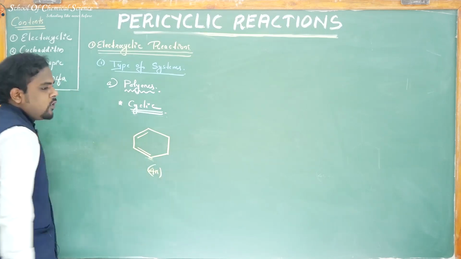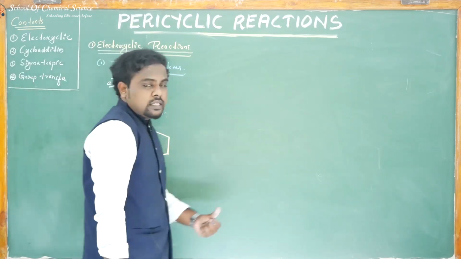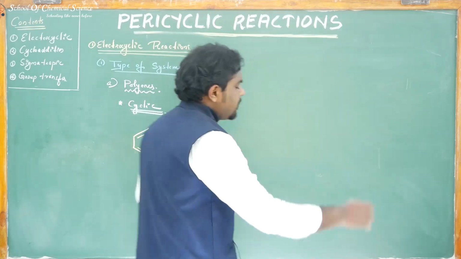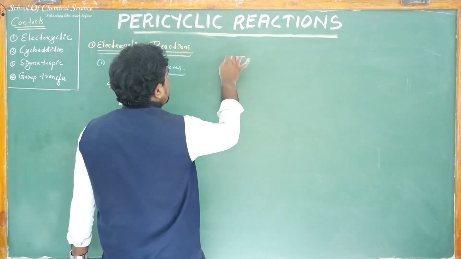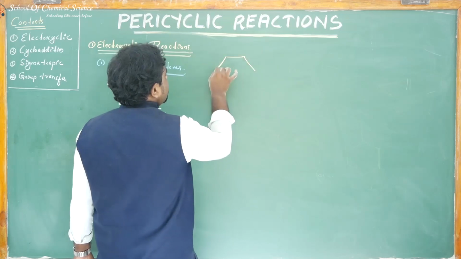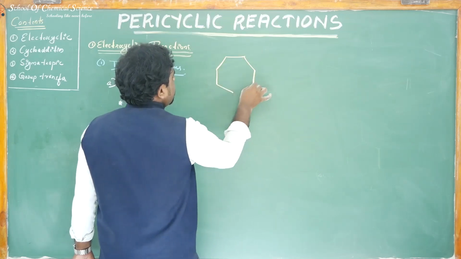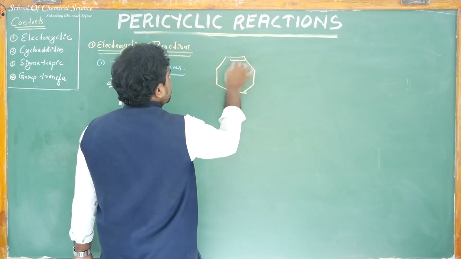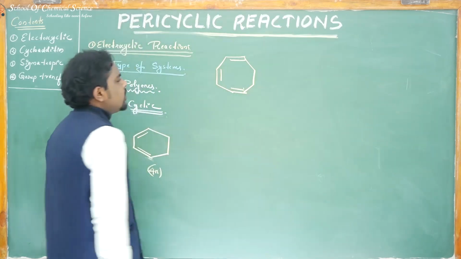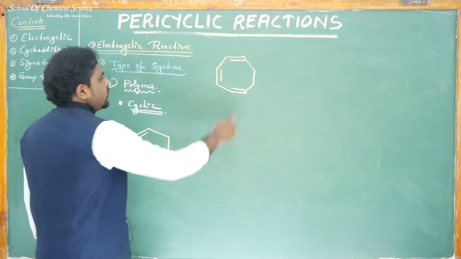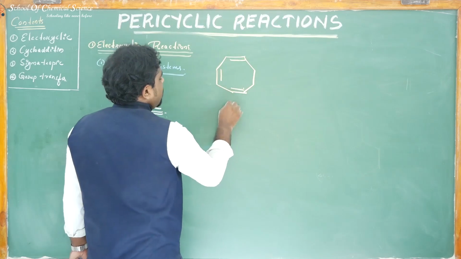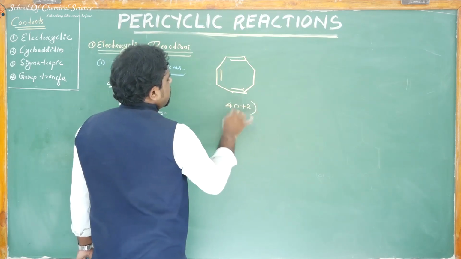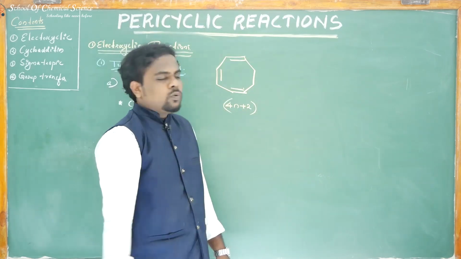So this is a 4n system. This is an example for a 4n system. Next one, how many pi electrons are present? 2, 4, 6 pi electron, which is an example for a 4n plus 2 system.